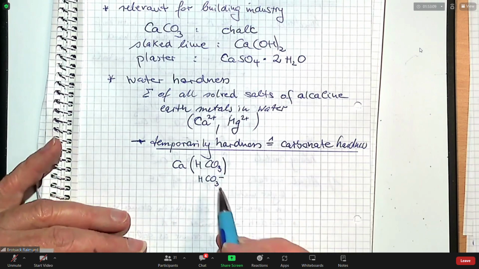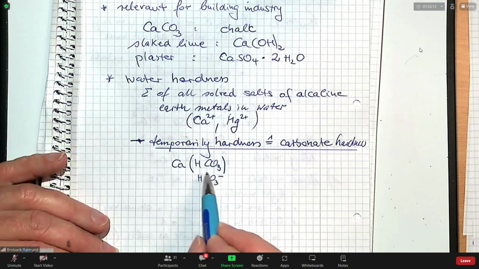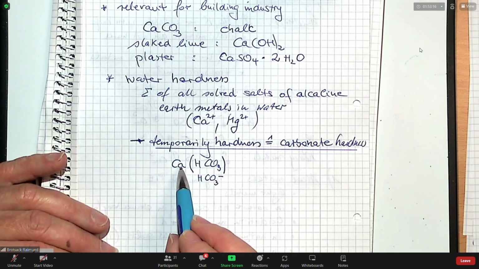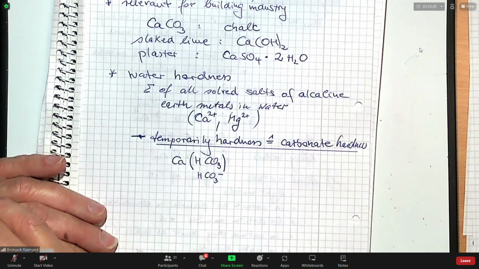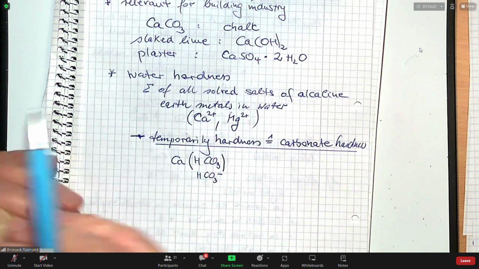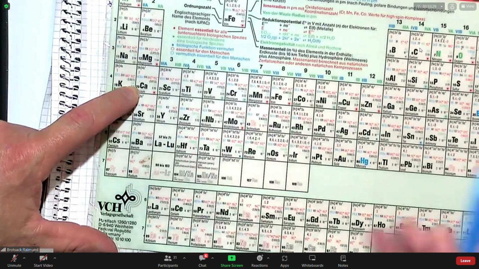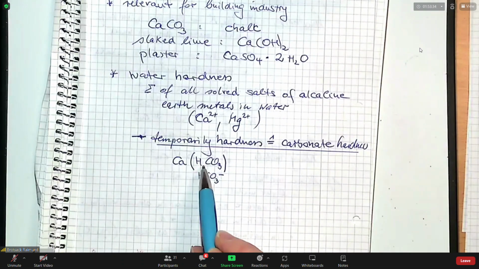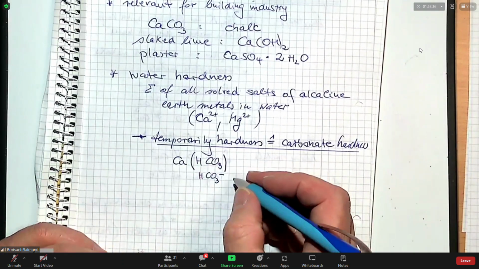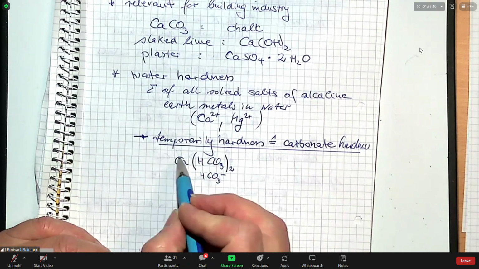So how many of these ions are needed to have a not charged salt with calcium? Calcium is in the second group here. So what is the charge of calcium ions? Plus 2. So how many are needed of the hydrogen carbonates? 2, of course. Because we have 1 negative charge, here we have 2.